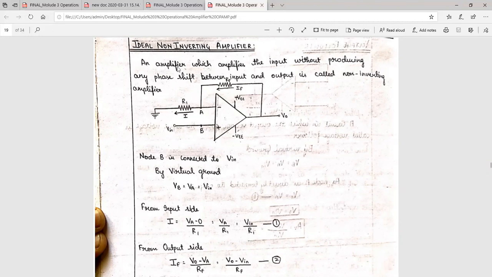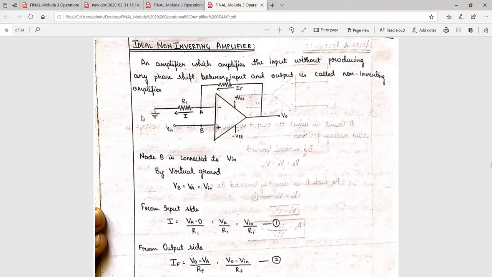Now an amplifier which amplifies the input without producing any phase shift between input and output is known as a non-inverting amplifier.